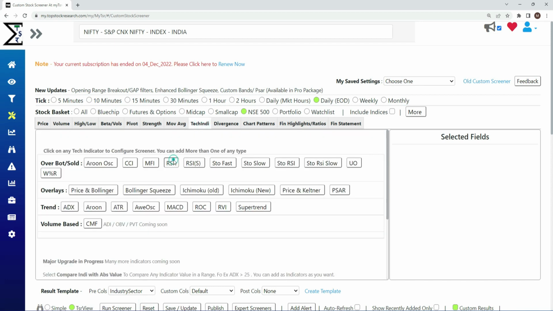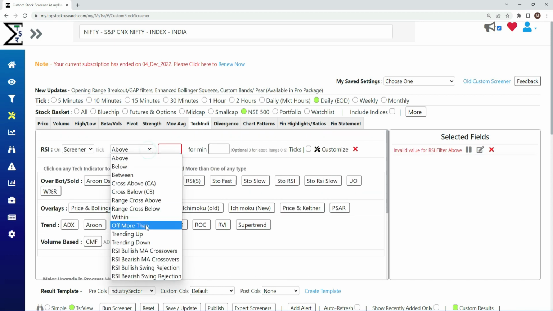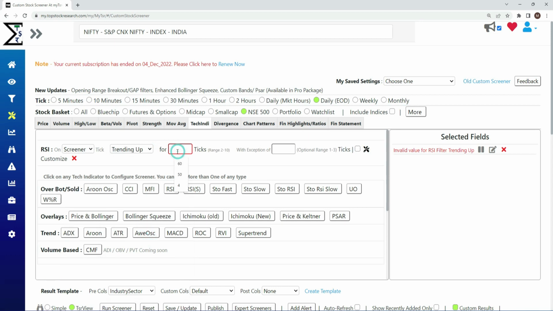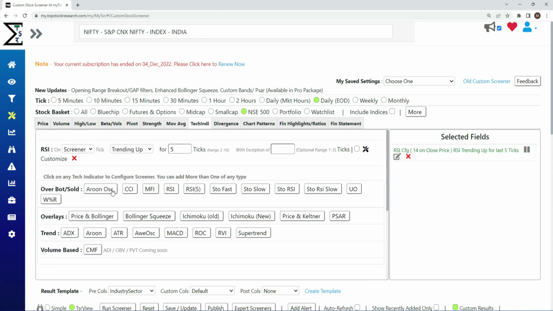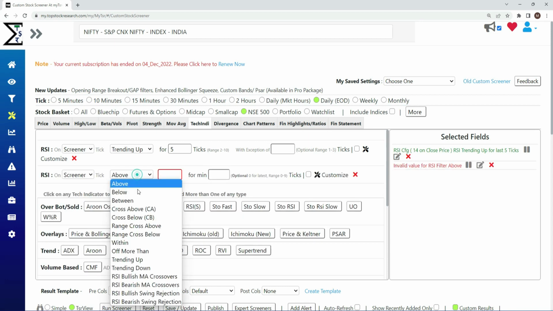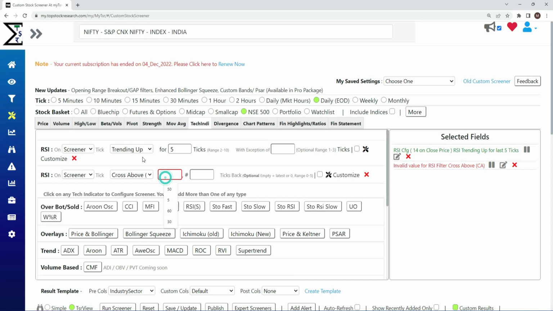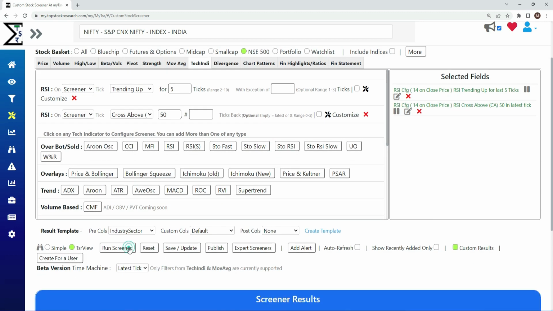Trending indicator, RSI trending up for 5 days minimum, right? That means the RSI value is daily increasing, so that should give you better confidence. And maybe you want to add another one where it has crossed above, let's say, 50, right? So RSI is coming from a lower level, crossing above the central line, so that gives you a bullish signal, right?